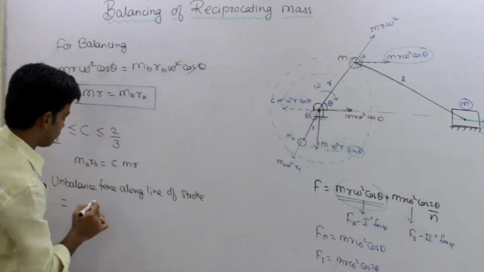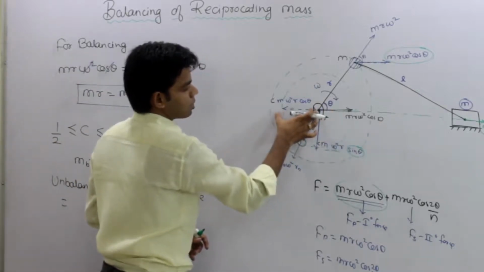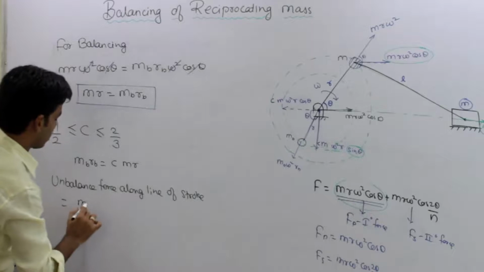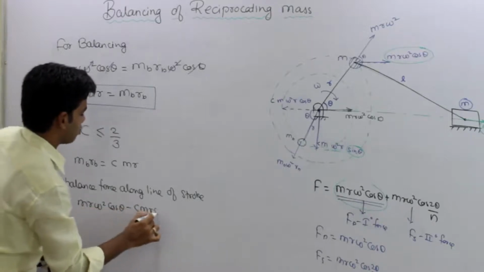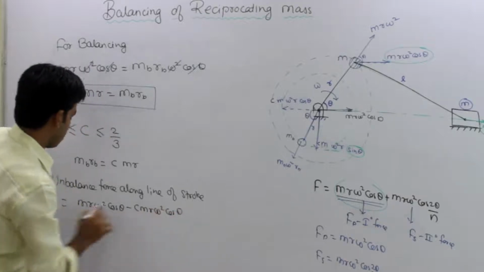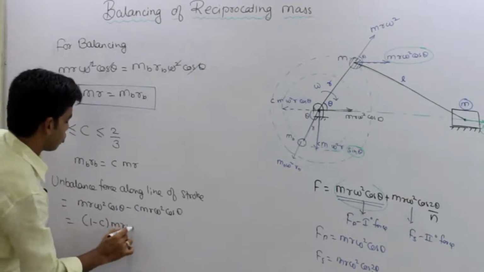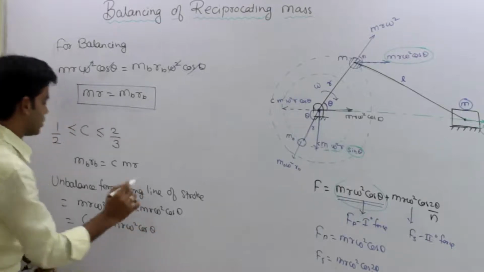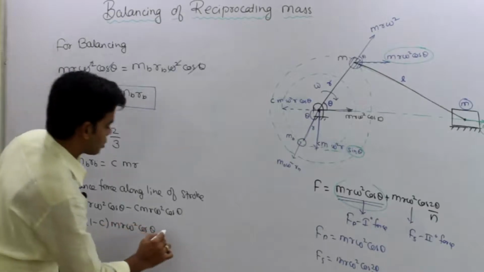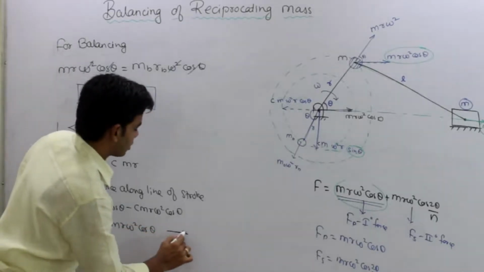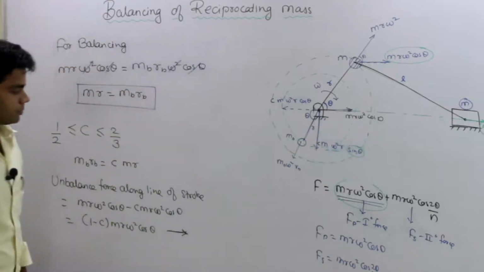So the net force acting will be equal to, and obviously m r omega square cos theta is greater than c m r omega square cos theta, so the net force will be m r omega square cos theta minus c m r omega square cos theta, or this will be equal to (1 minus c) into m r omega square cos theta. This is the net unbalanced force along the line of stroke. And what is the direction of this? It will be directed in this direction, because m r omega square cos theta is more.